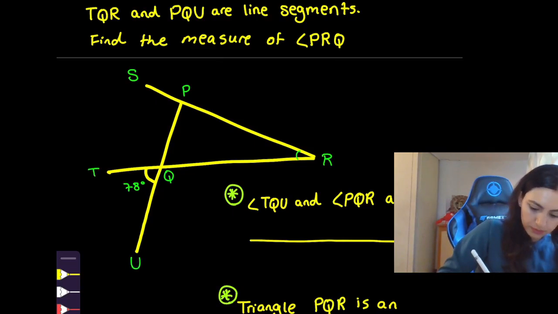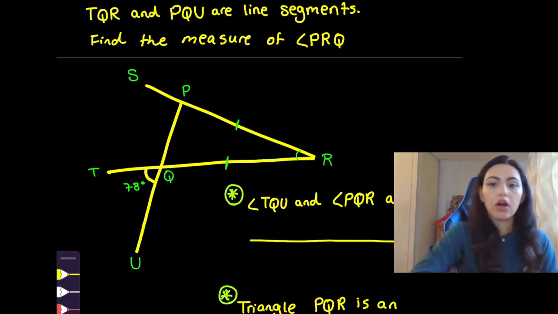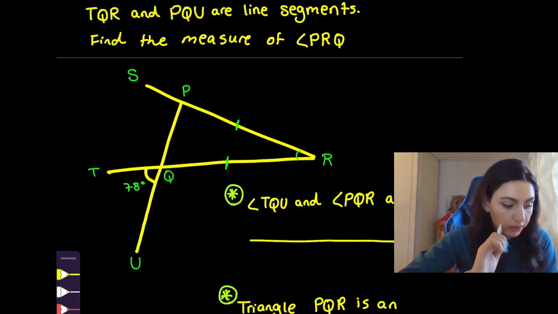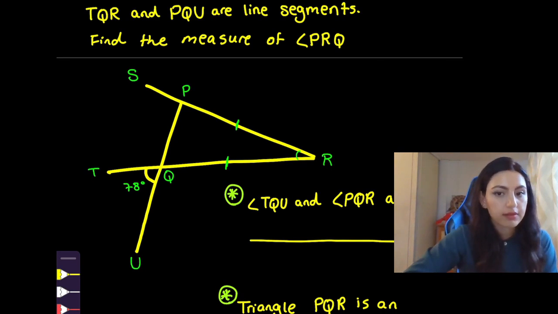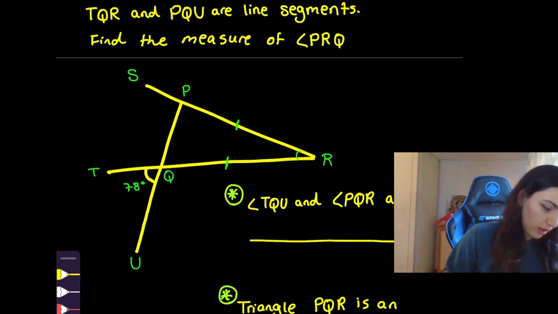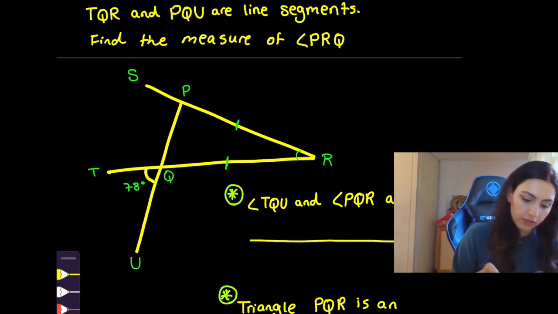T, U. These two sides are equal. So I'm guessing by just looking at the figure, this is an isosceles triangle. But let's go further and understand, because these two sides are the same. When two sides are the same, that gives me a hint. And then one of the angles is 78.